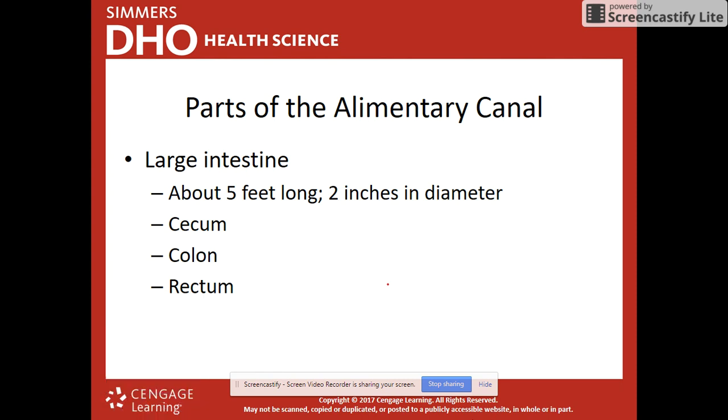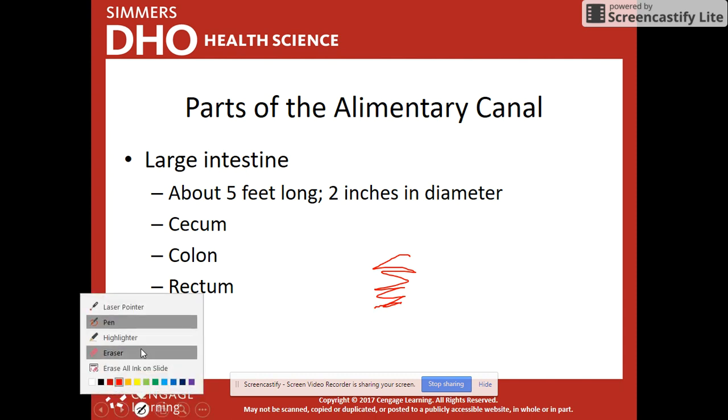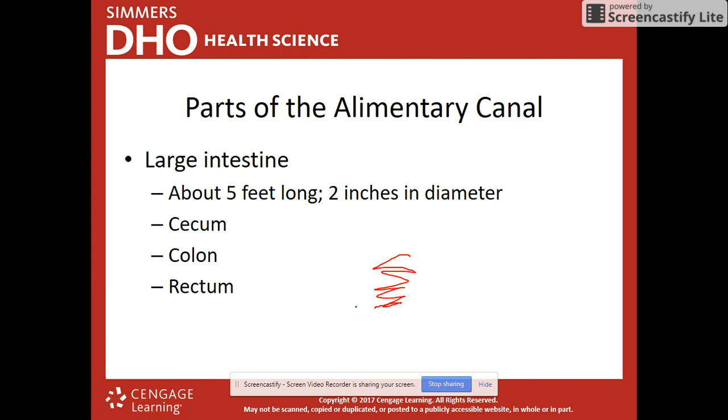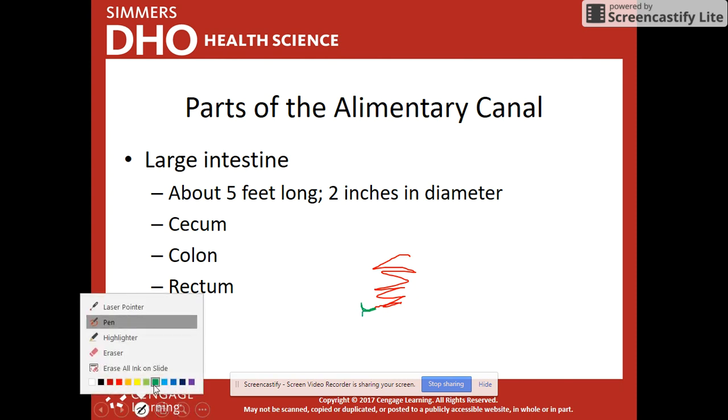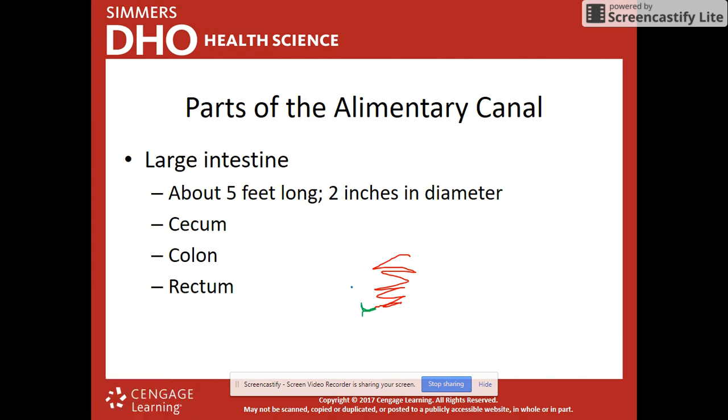So again with this, we have our small intestines that are in the middle of our abdomen, and it ends over here, and then we have the cecum, which is going to make a turn right here, and the appendix is going to cut off and dangle right there. And then we have the colon. So we have the ascending colon, which is going to go up, transverse is going to come across, and descending is going to come down.